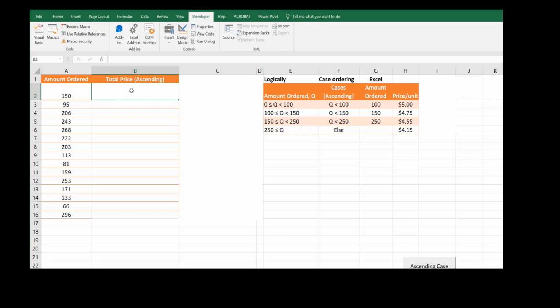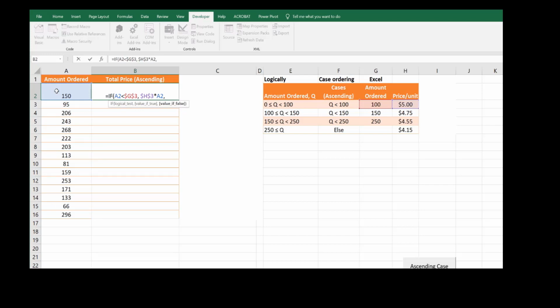So what we are going to say is equals IF the amount ordered is less than 100. Notice that we're going to be copying the formula in B2 down the table, and so we need to lock G3. If the amount in A2 is less than 100, then we are going to charge $5, again, which needs to be locked, times the amount ordered.